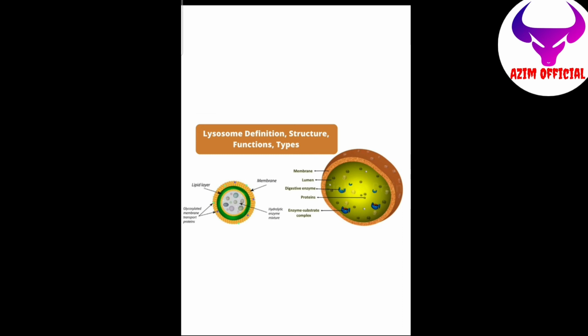In the viva, you may be asked the names of lysosomal enzymes and their substrates. Some lysosomal enzymes are listed in the table below: ribonuclease, deoxyribonuclease, that means DNA, and phosphatase. The deoxyribonuclease is the enzyme, and the substrate is DNA. Ribonuclease is the enzyme, the substrate is RNA.